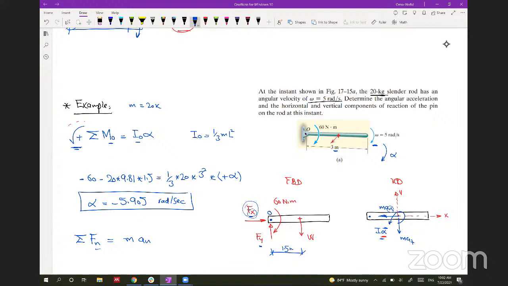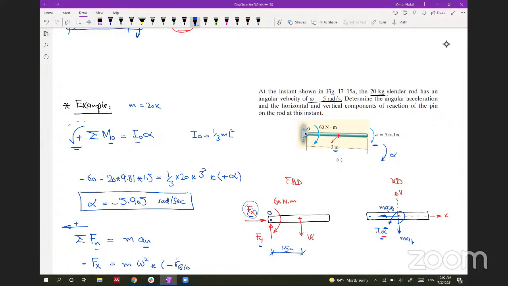And let's assume that the positive direction is in this direction. So the Fx is in the negative direction, so I will put negative Fx. And negative Fx will be equal to the mass multiplied by a_n, and a_n will be omega square multiplied by negative r_G with respect to O.